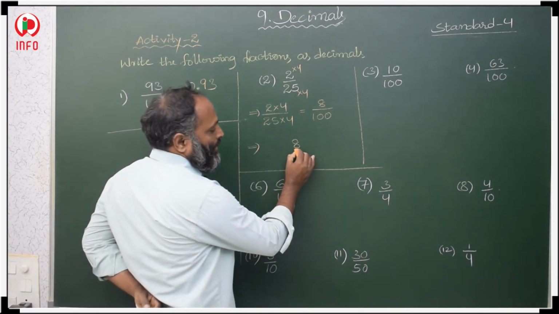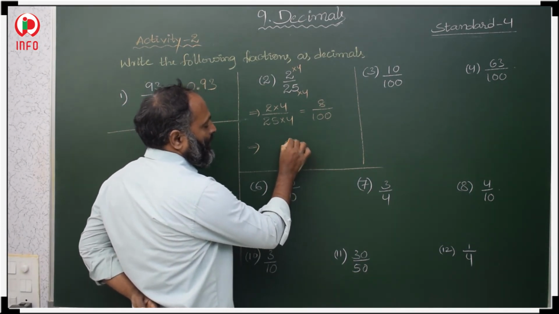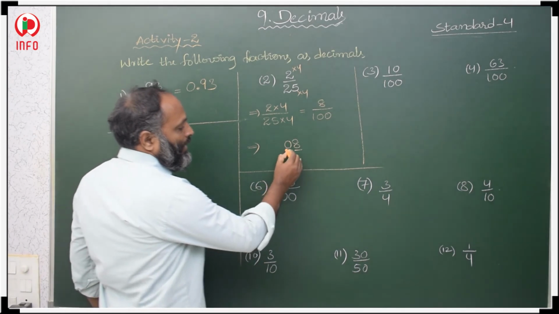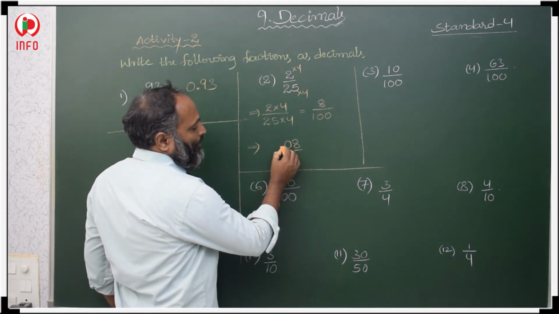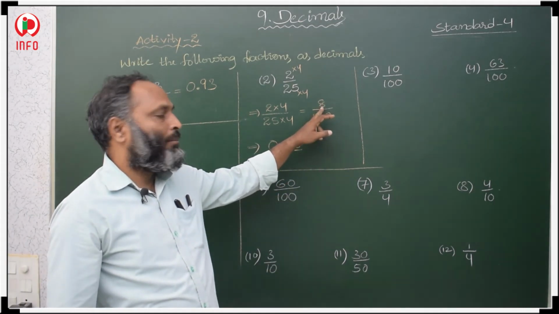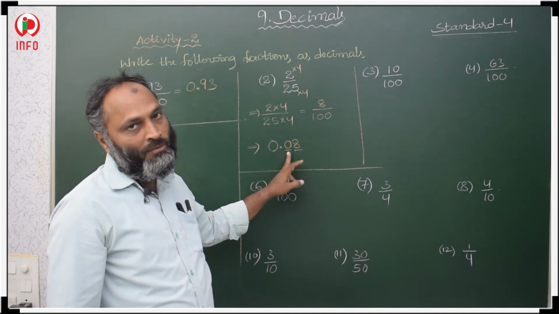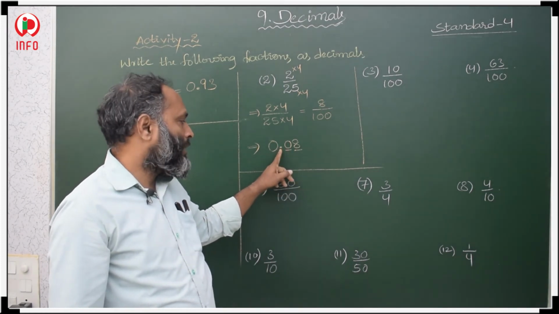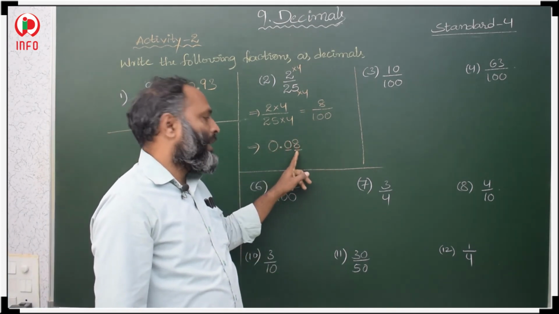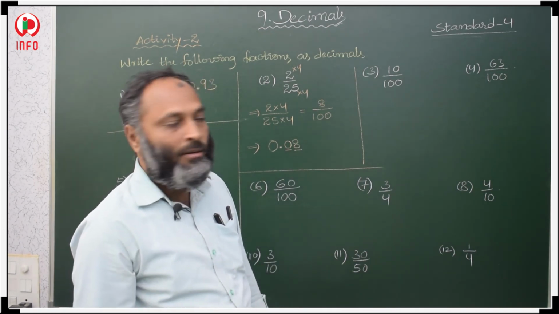This is the hundredths place, and the tenths place is absent, so there we keep 0. 8 hundredths means 0.08. Keep the decimal after 2 places, with 0 before. In hundredths 8 is there, in tenths nothing is there, so we keep 0, and after that the decimal. Okay.